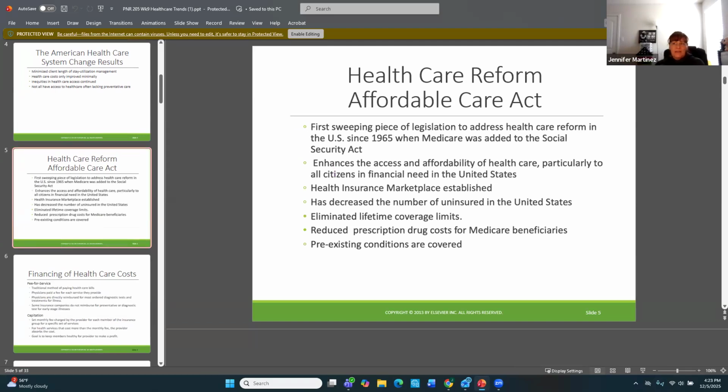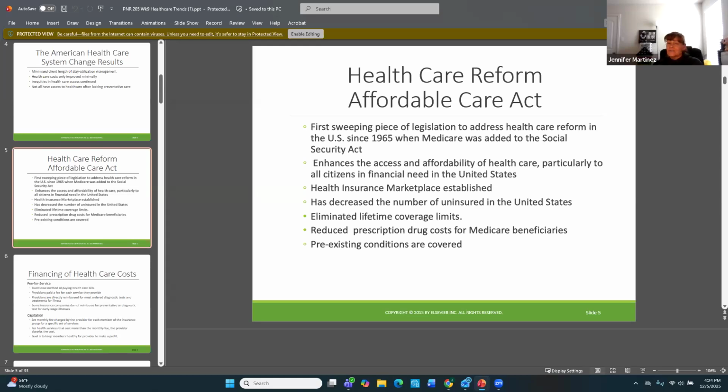But then we had the Affordable Care Act, right? This was previously known as Obamacare. It was established in 2010. It was the first sweeping piece of legislation to address healthcare reform in the US since 1965, when Medicare was added to the Social Security Act.